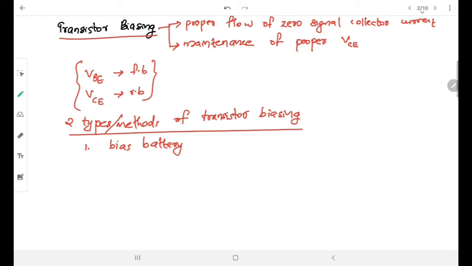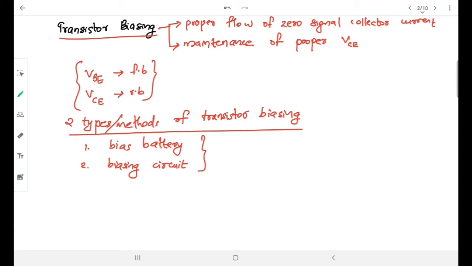The second method of transistor biasing is associating a circuit with the transistor, and this circuit is known as a biasing circuit. The biasing circuit is the circuit which provides transistor biasing. So these are the two methods of transistor biasing.